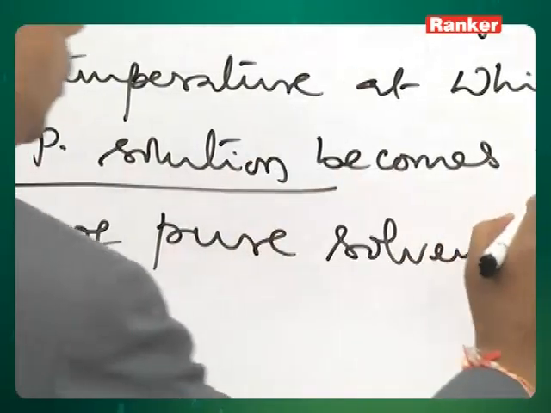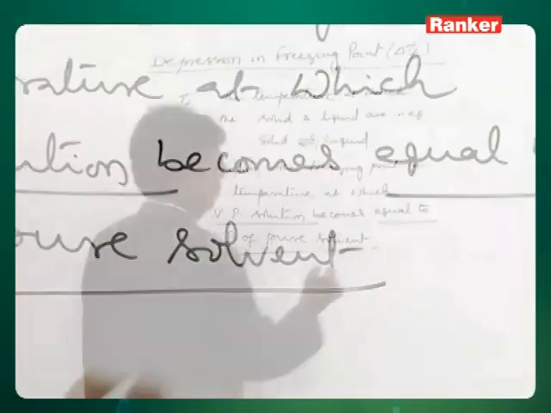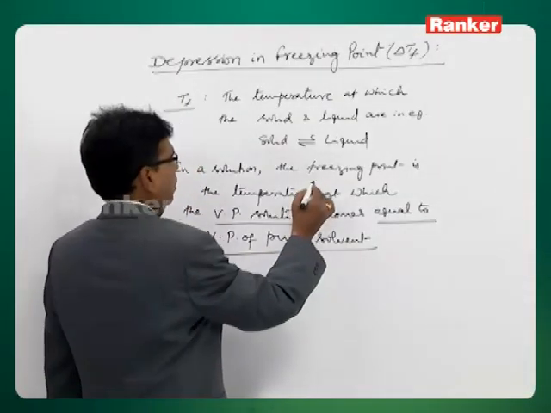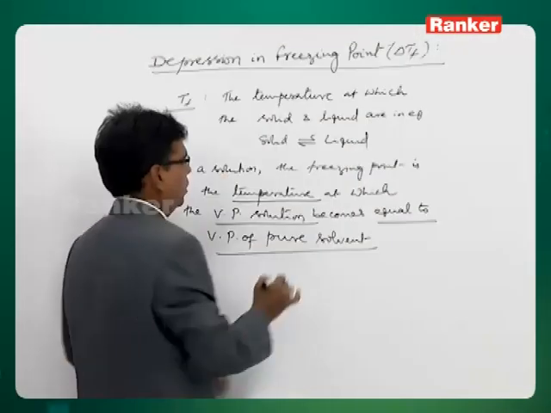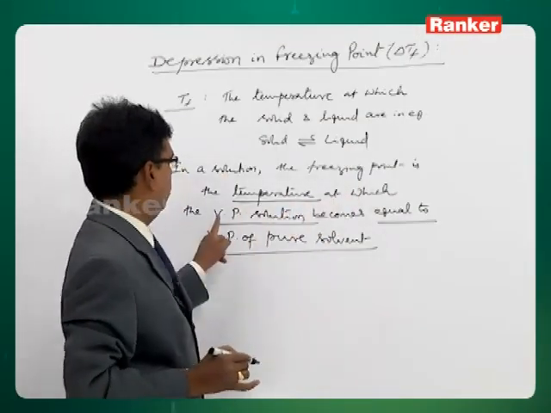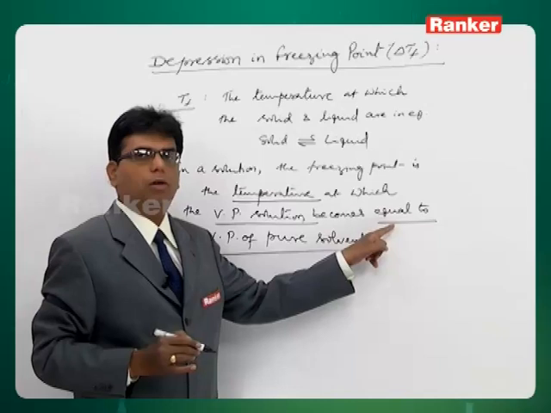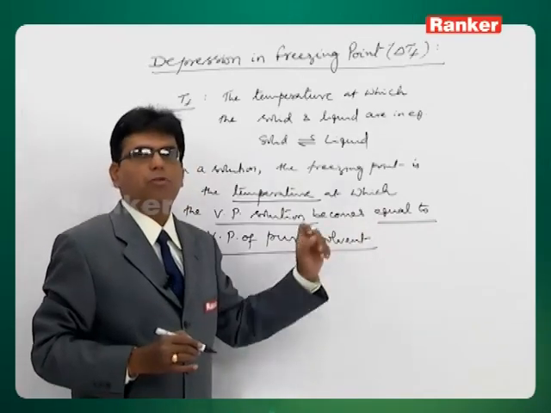Vapor pressure of solution equal to vapor pressure of solvent. The freezing point is the temperature at which vapor pressure of solution becomes equal to vapor pressure of pure solvent.